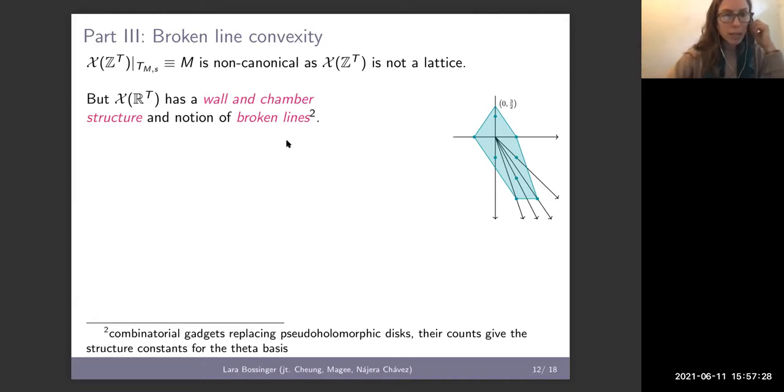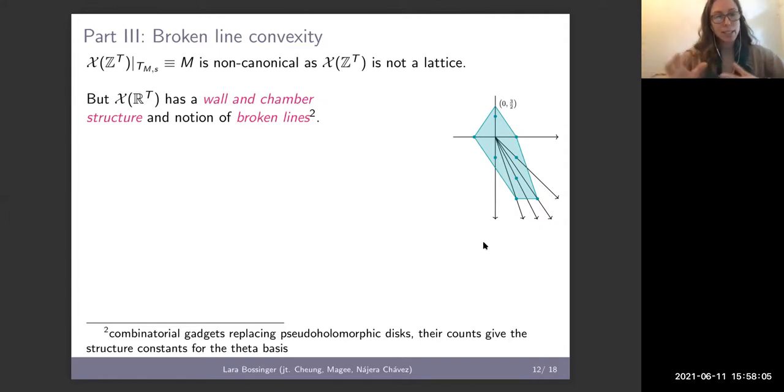And these broken lines were introduced by Gross, Hacking, Keel and Kontsevich as a combinatorial tool that should replace pseudo-holomorphic disks in mirror symmetry. And these broken lines are key ingredients to define the theta functions and their structure constants. So, I decided to not give you the definition due to lack of time, but I'm happy to give you a bit more detail, so feel free to ask me about it later.